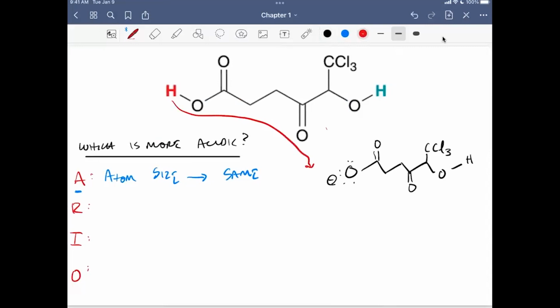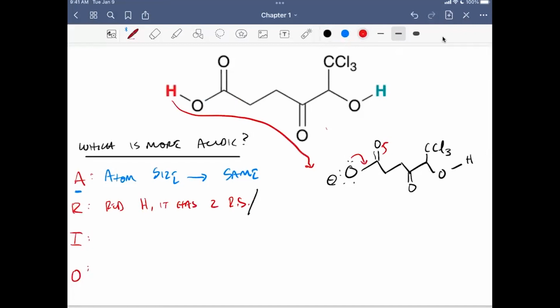What can that do? That can resonate, right? Because you can put that lone pair on that bond and you can push this double bond up like we have been, and that can resonate. It has two resonance structures, right? Because the charges would stay the same, because this would end up having a -1 formal charge. So for the red hydrogen, it has 2 resonance structures.